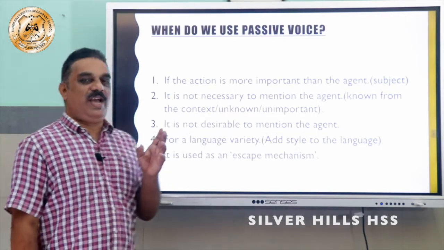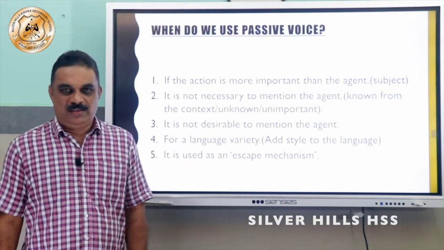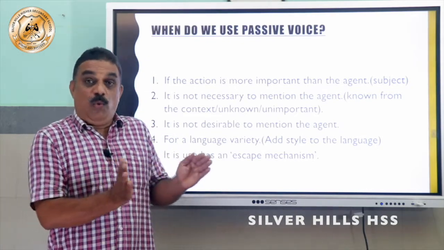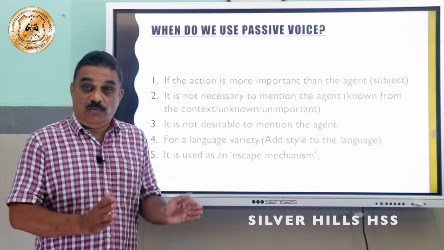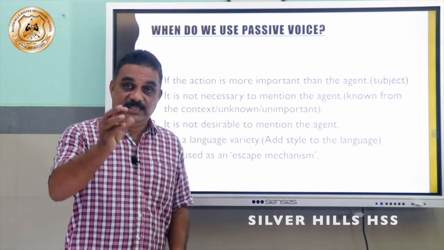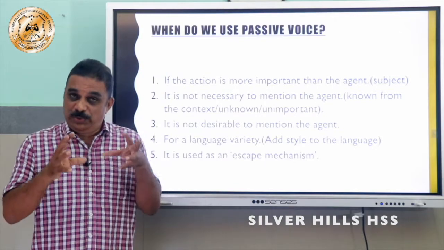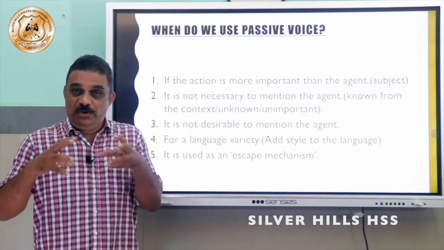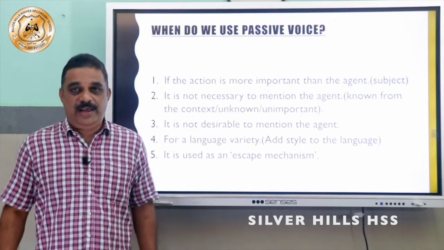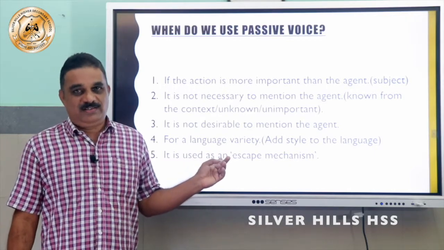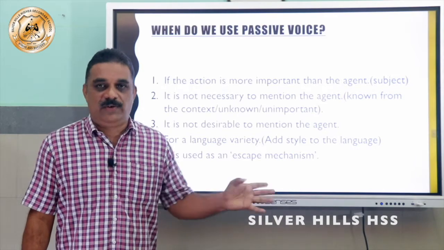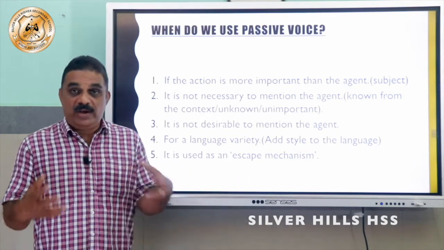Okay, now next one, it is used as an escape mechanism. Sometimes we have to avoid the agent. In order to escape from the context, in order to avoid the by-agent, we can use passive voice. I can say, your money will be given.